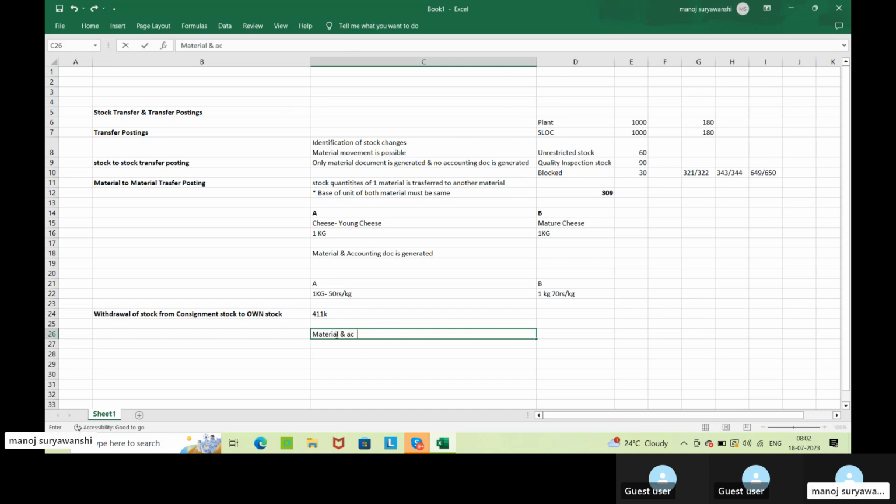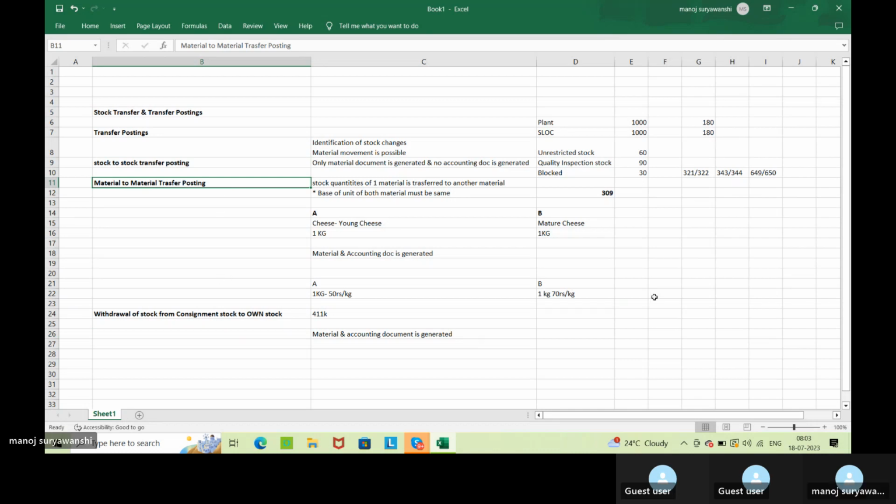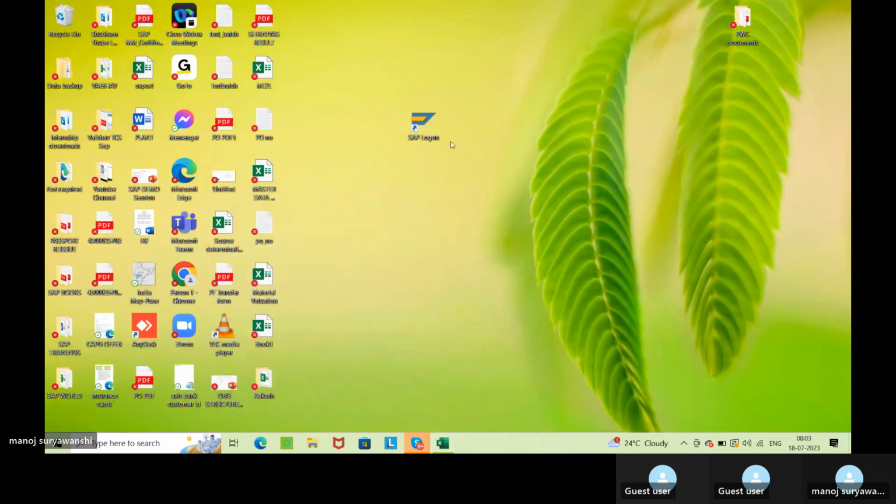So material and accounting document is generated in withdrawal from consignment stock to own stock. Clear? Any doubt, any question? Now we will go into system and we will see these movements in system.